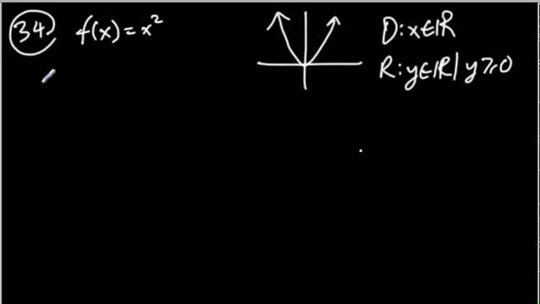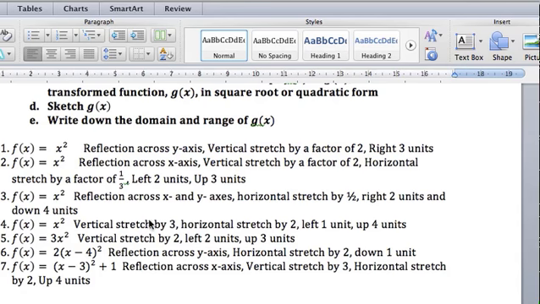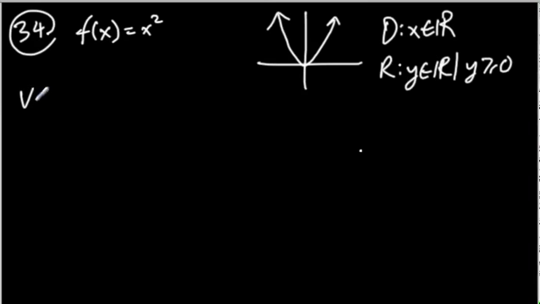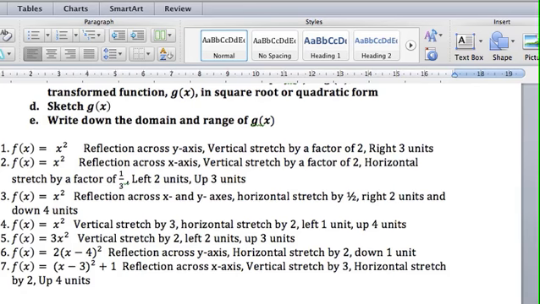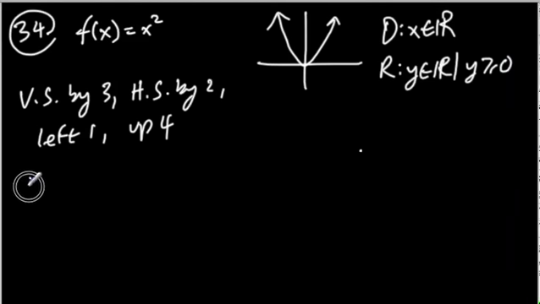So g of x, let's do that again. So vertical stretch by 3, horizontal stretch by 2, left 1, up 4. So 3, 2, 1, 4. Was it down 4? It was up 4. Okay. So g of x, there's no reflection here, so we're fine.